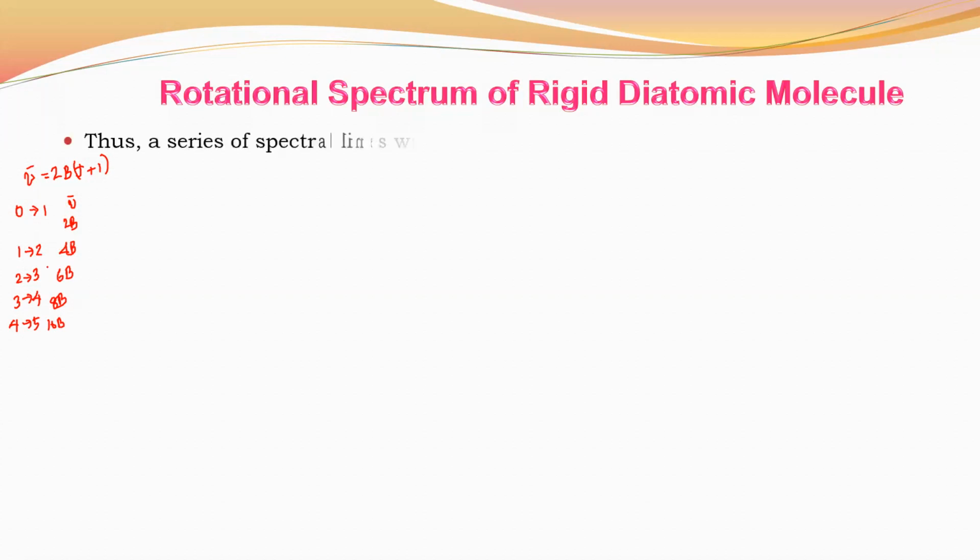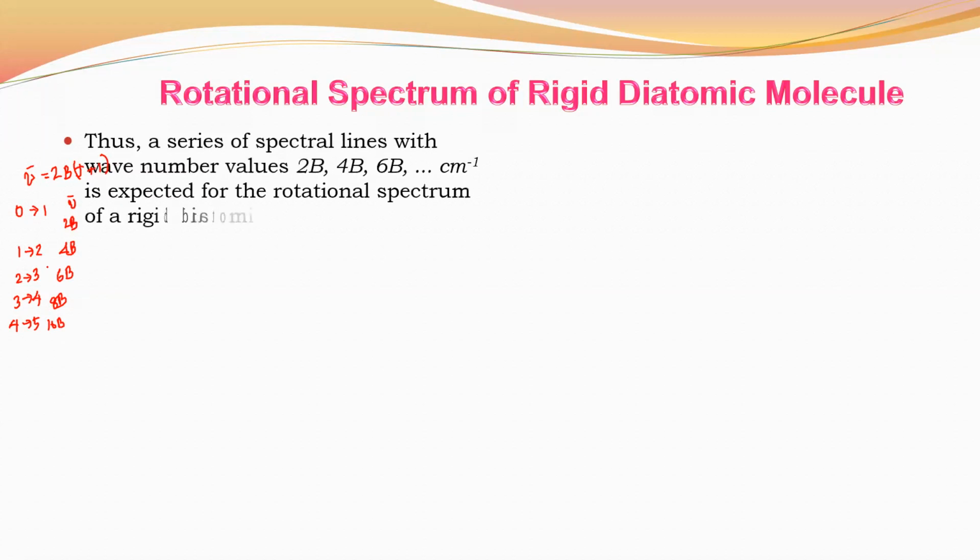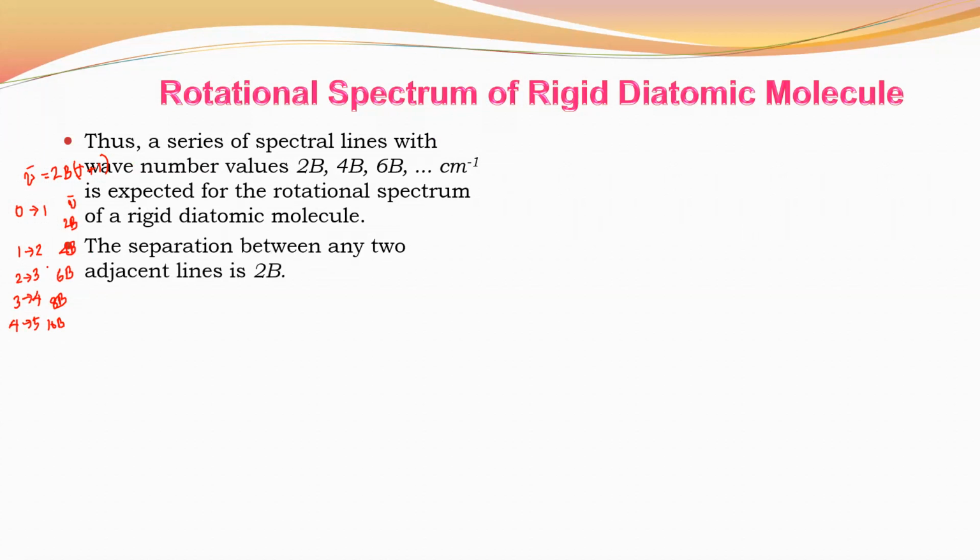Thus a series of spectral lines with wave number values 2B, 4B, 6B centimeter inverse is expected for the rotational spectrum of a rigid diatomic molecule. Then the separation between two adjacent lines: look at here, any two adjacent lines, 2B and 4B, the difference is 2B. 4B and 6B, the difference is 2B.